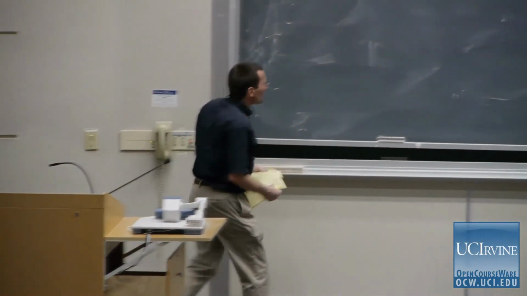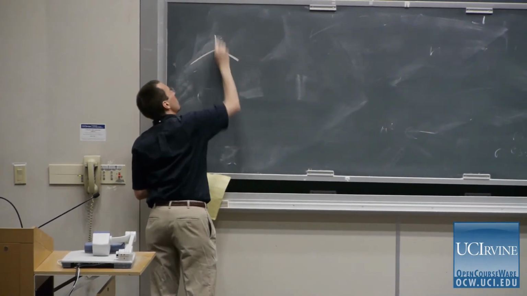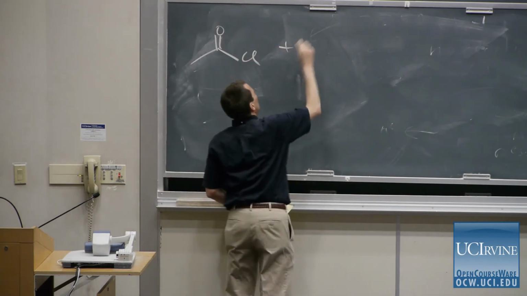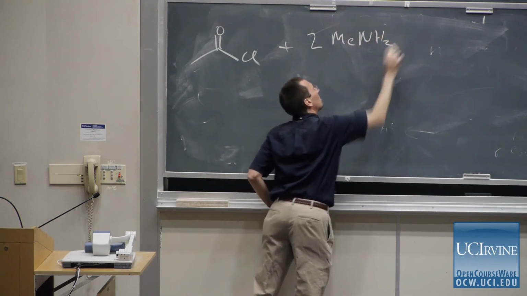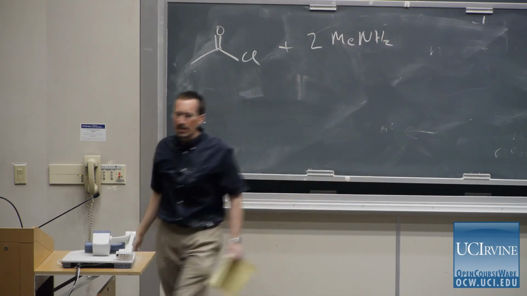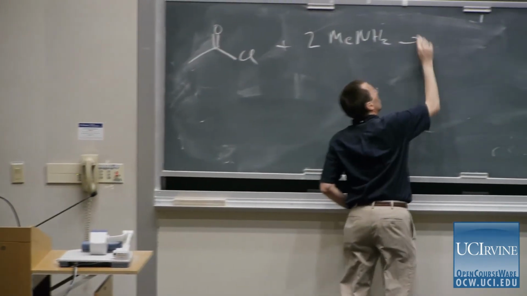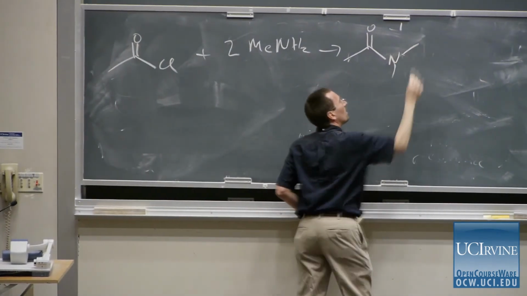And so by way of a specific example, I'll take acetyl chloride, and I want to write a balanced equation here. Acetyl chloride, let's look at its reaction with a simple amine, methylamine. Acetyl chloride can react with 2 molecules of methylamine to give dimethylacetamide.